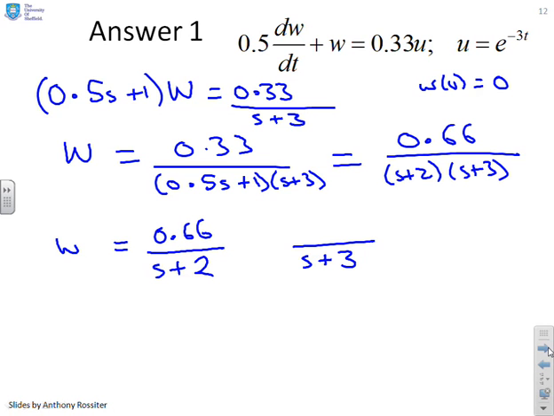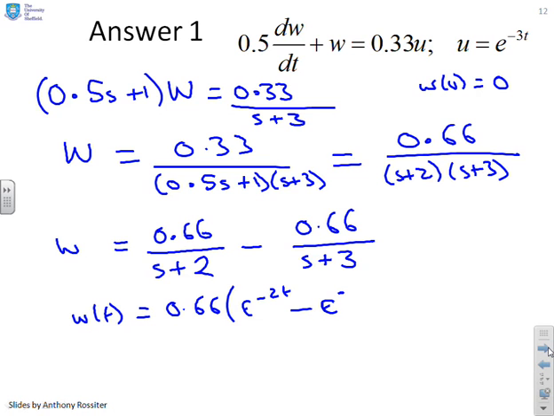In order to get the residue of the s + 3, I'm going to cover the s + 3, set s equal to minus 3, so I get 0.66/(-3 + 2), which is minus 0.66. So in consequence, I've now solved w(t) = 0.66 (e^(-2t) - e^(-3t)).